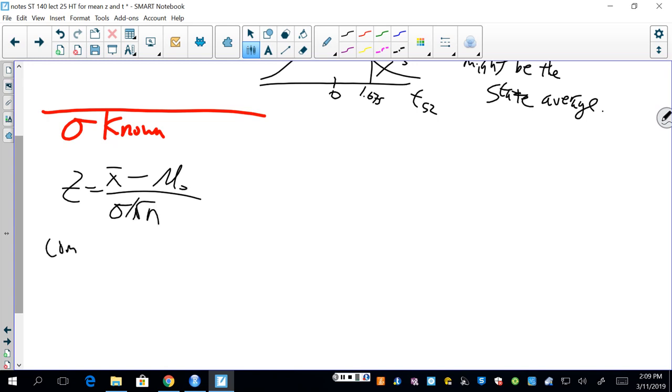And then we compare that to areas for a normal, one-sided or two-sided. The other way that this gets done is with p-values.